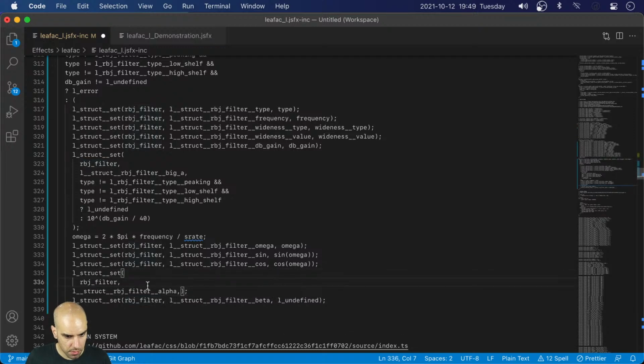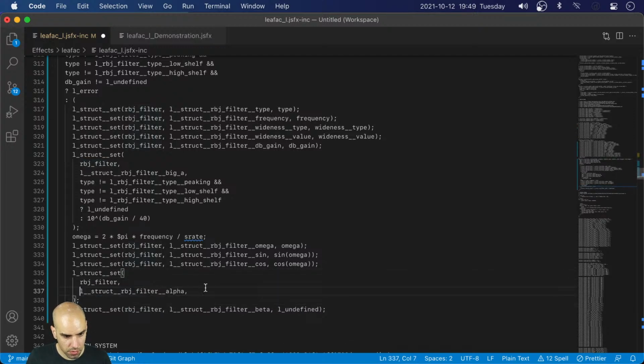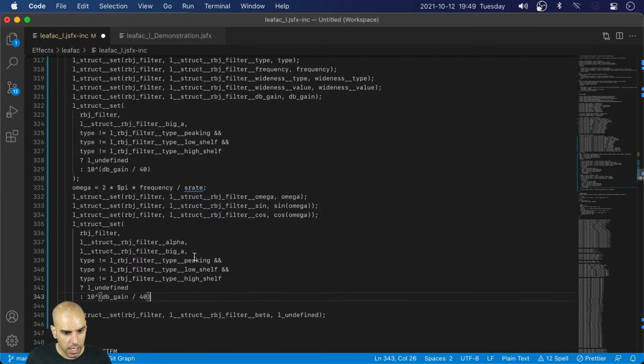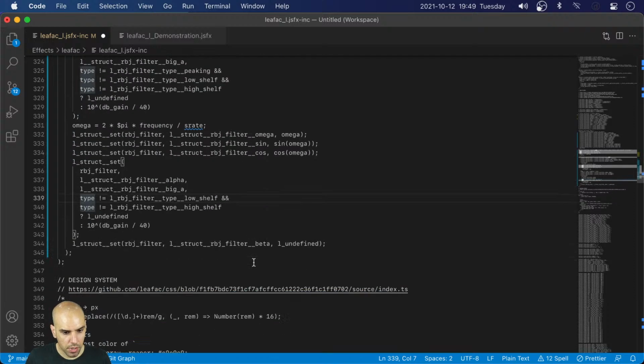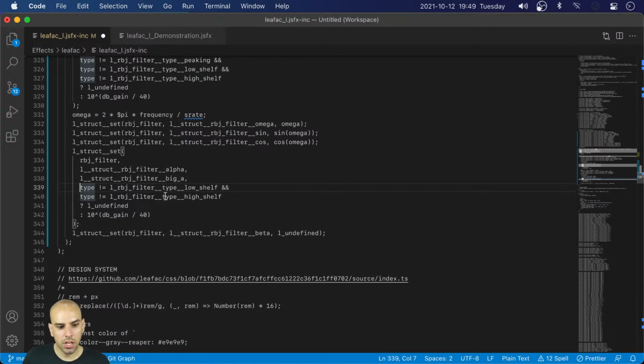So it's going to be a similar story to the one we wrote above, where we check the filter type and then we do some computation. I really have to think this through because all the negations are going to throw me off.